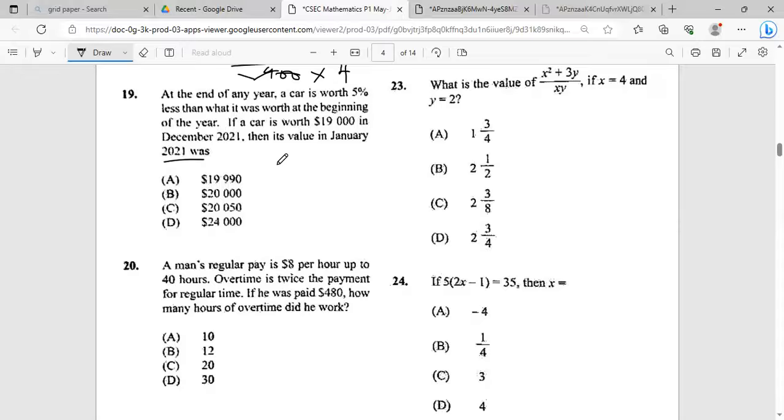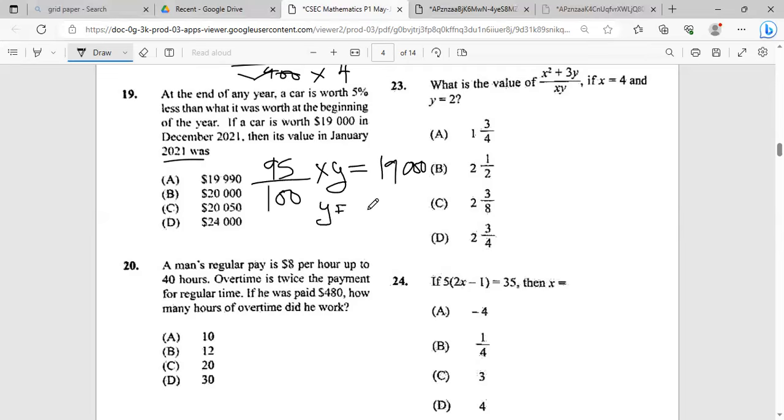All right, so we know the value is 95%. I'm going to show you guys that step by step. So 95% of a number is equal to 19,000. As I say, I didn't work out this, I just kind of freestyled it.